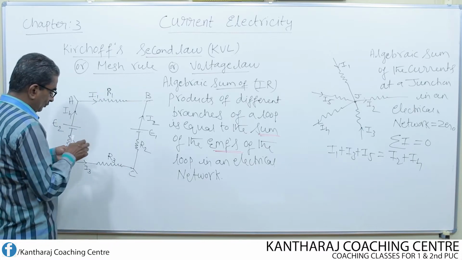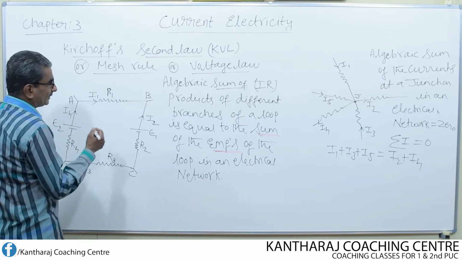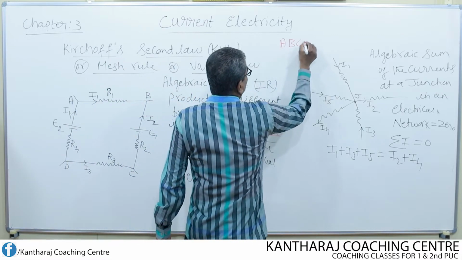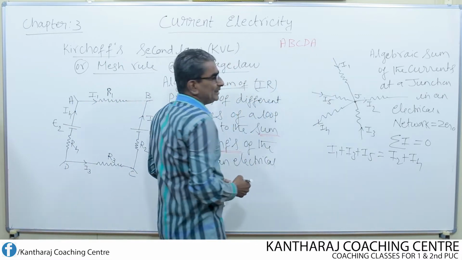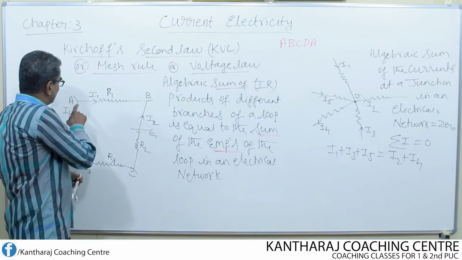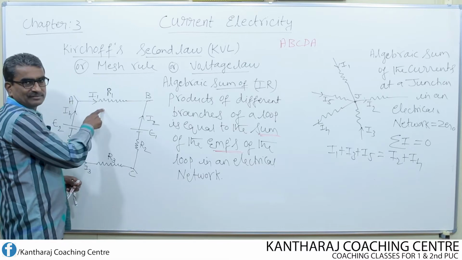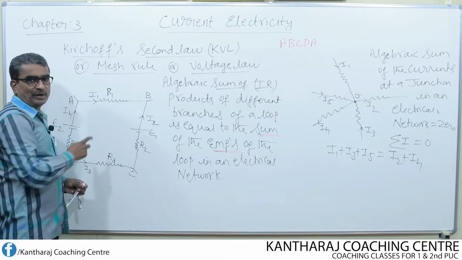Let us write this loop as A, B, C, D, A. You start from any point, travel only in one direction and come back to the same point.